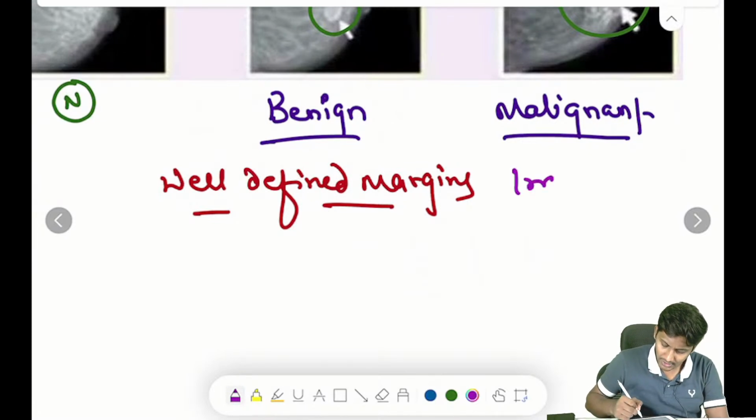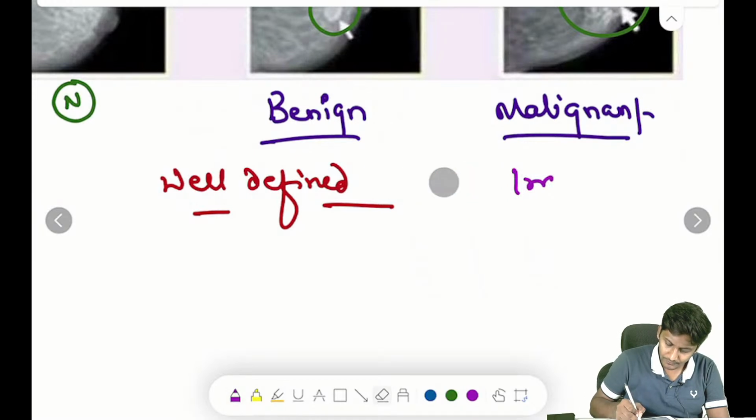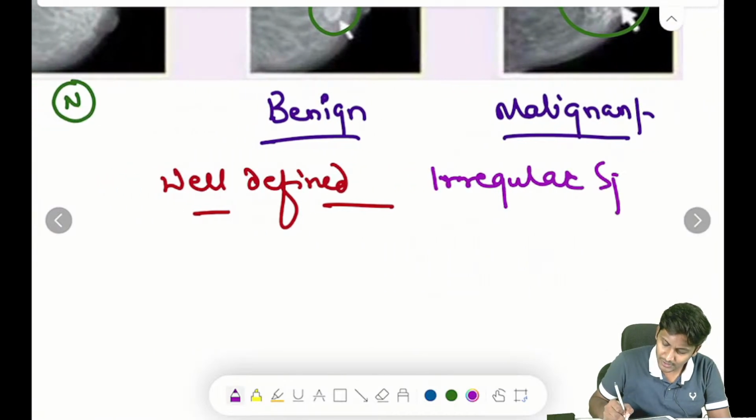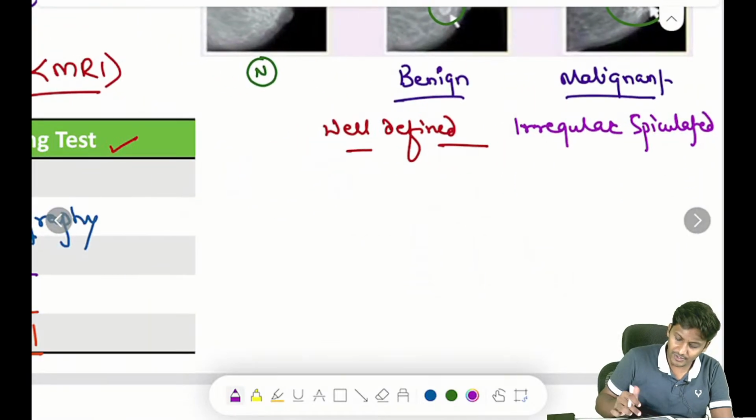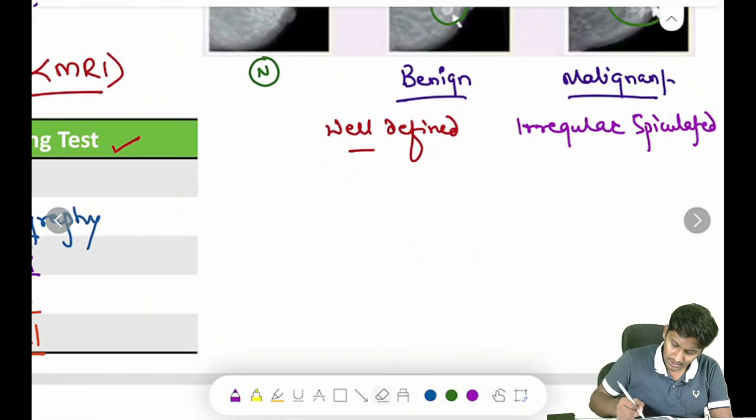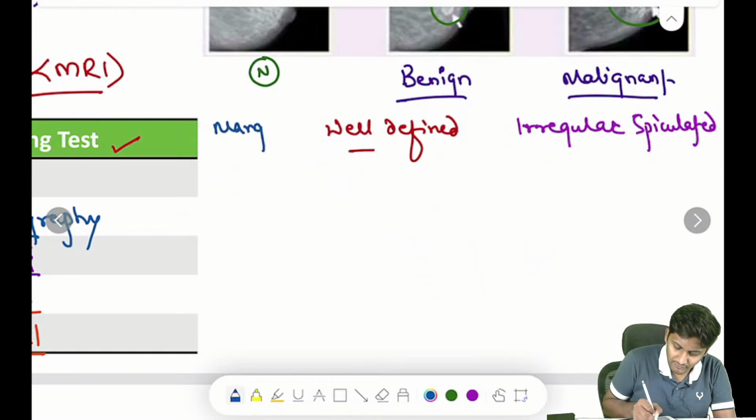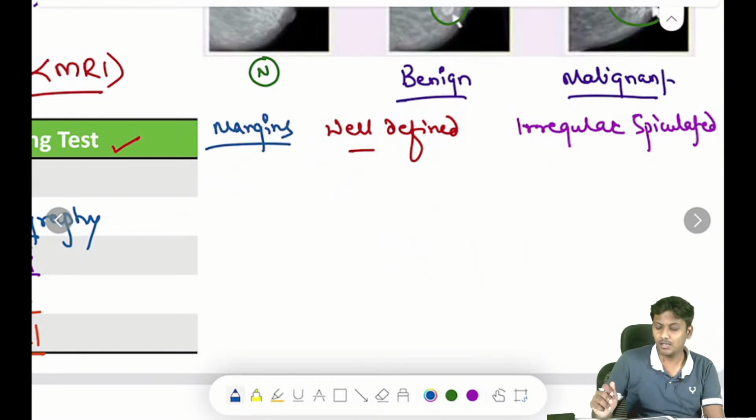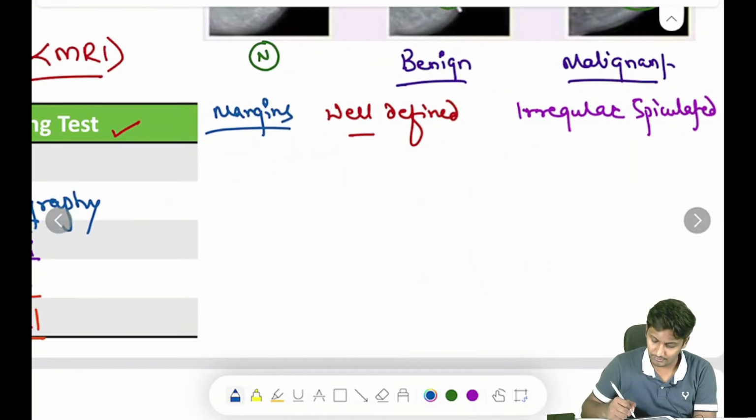In this malignant lesion, we are going to have irregular spiculated margins. The margins will be different in both conditions, you have to remember that. The margins in a benign breast lesion are well defined, but the margins in a malignant breast lesion are irregular and spiculated.